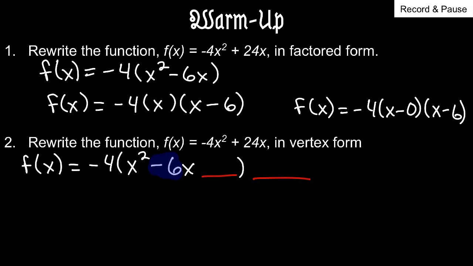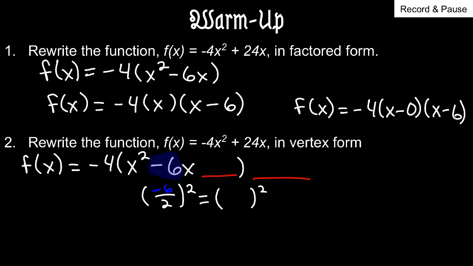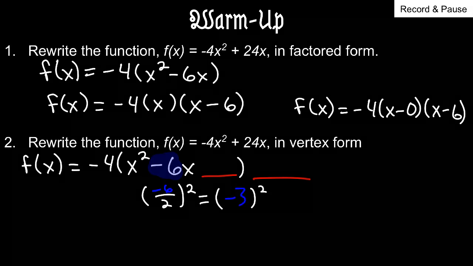So we take that -6 and we divide it by 2 and then we square the result, which will be -3 squared, which will be 9. So here we add 9.